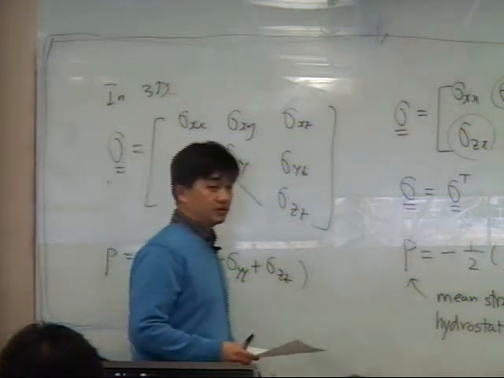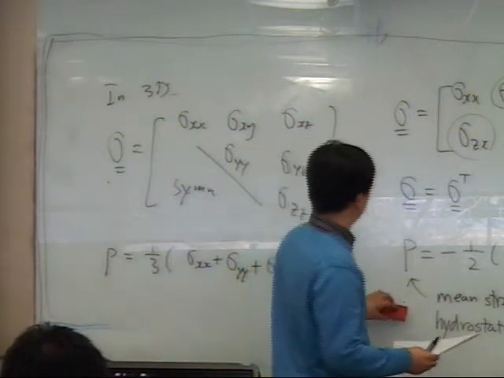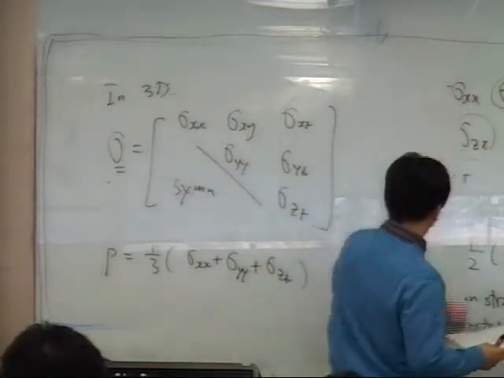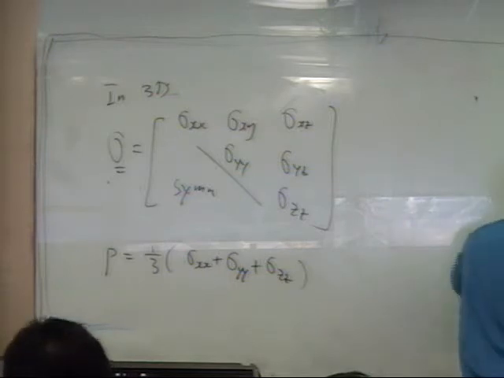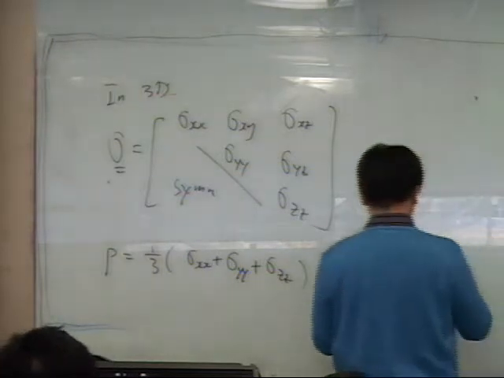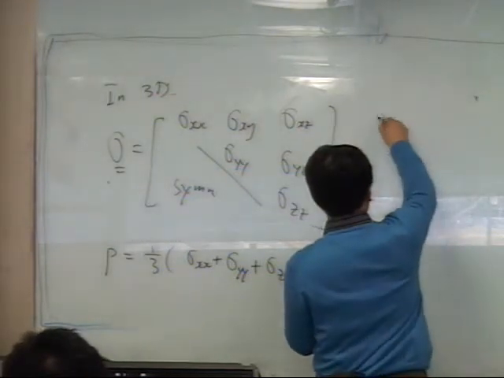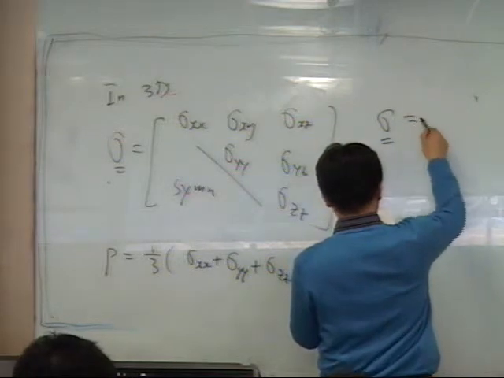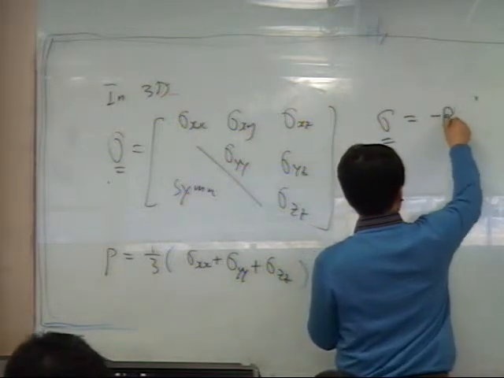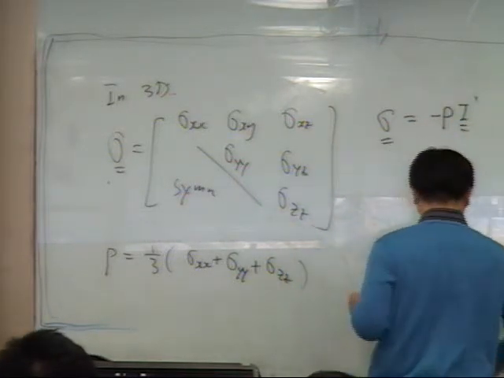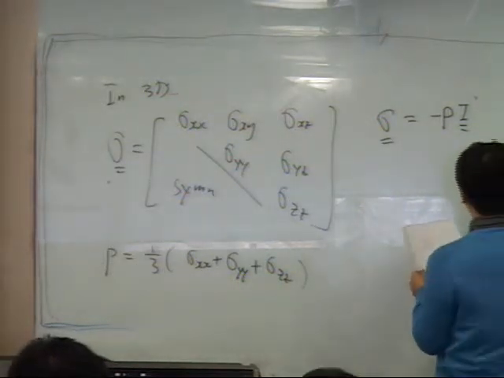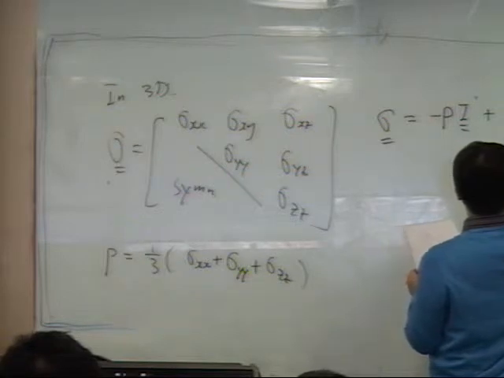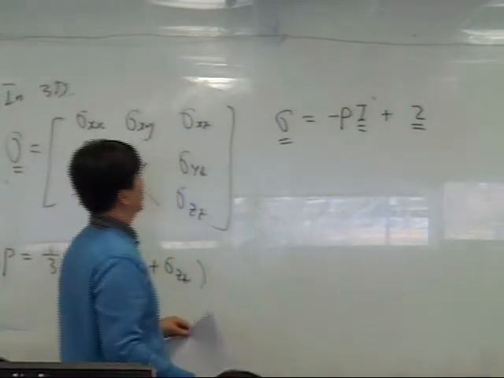That stress tensor, that stress matrix, can be divided into two parts. Okay, like this: minus p times the identity plus tau.